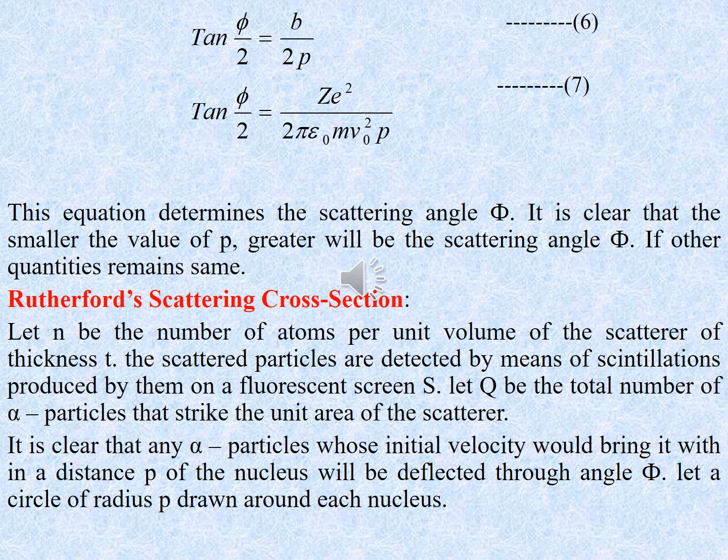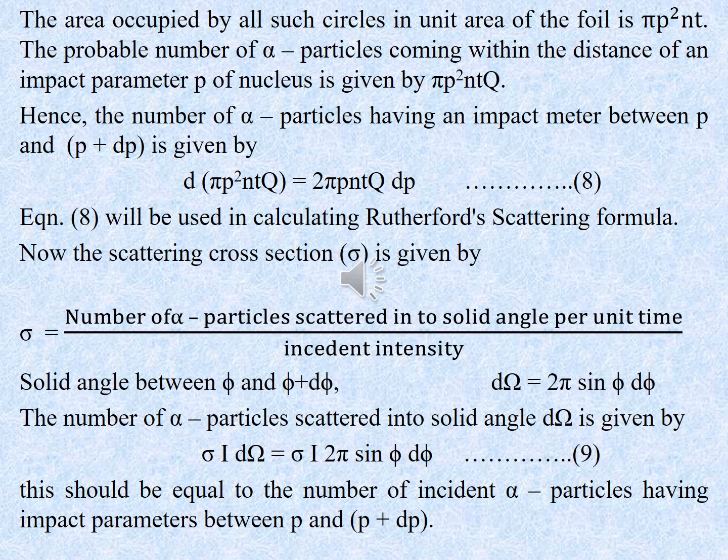Let a circle of radius p be drawn around the nucleus. The area occupied by all such circles in unit area of the foil is πp²nt. The probable number of alpha particles coming within the distance of an impact parameter p of the nucleus is given by πp²ntQ.